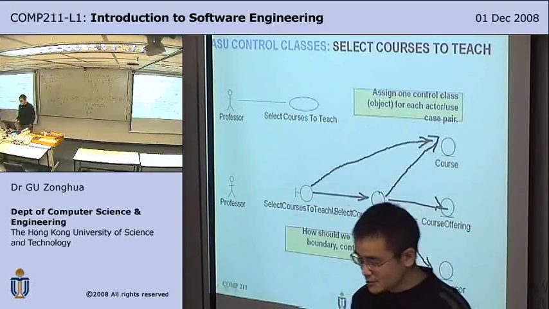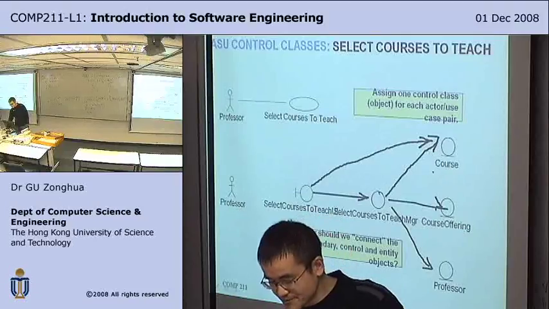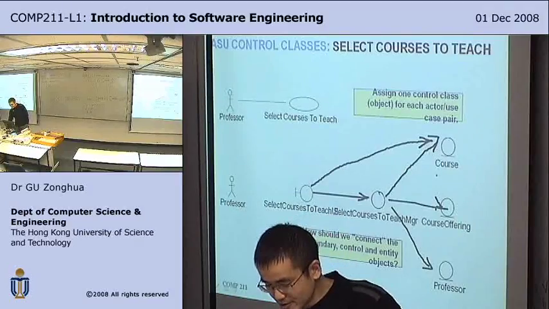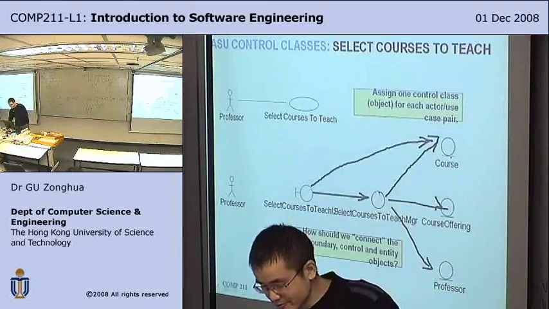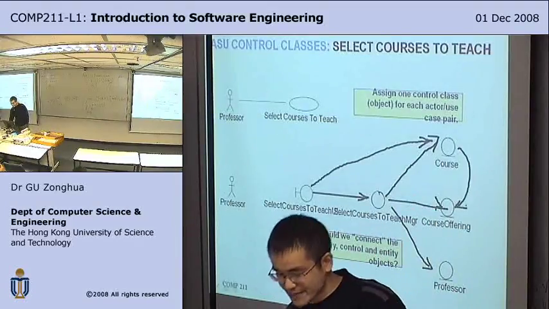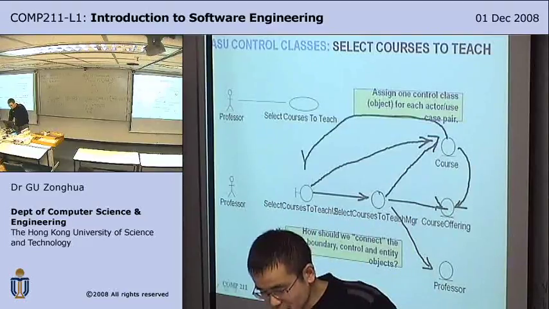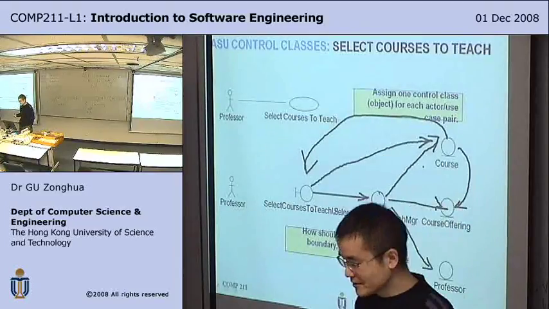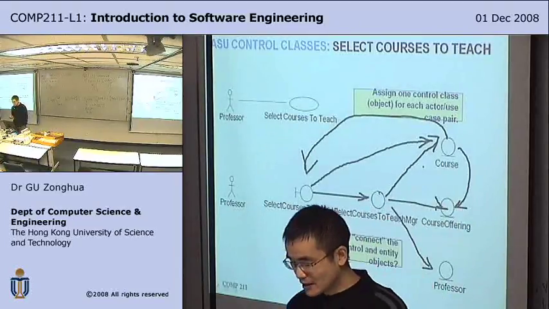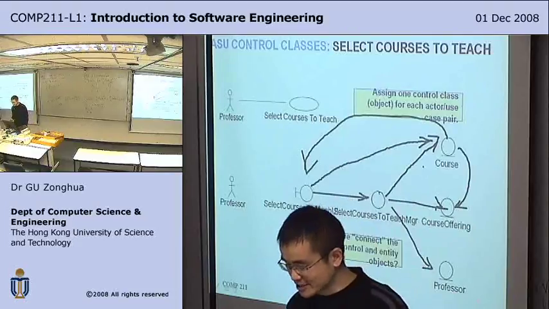That's fine. You can even delete the control altogether. But from an entity class, you should never originate any connections. That is, you cannot do this, for example, or this. So entity classes are sinks. They can only receive invocations. They should not initiate any invocations.